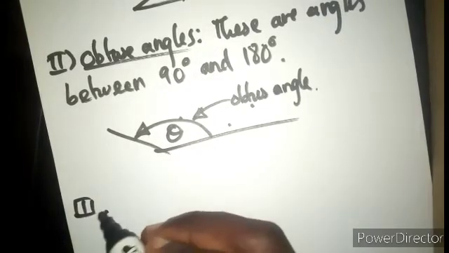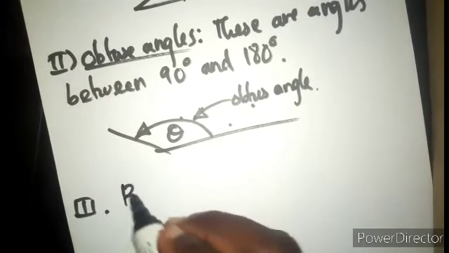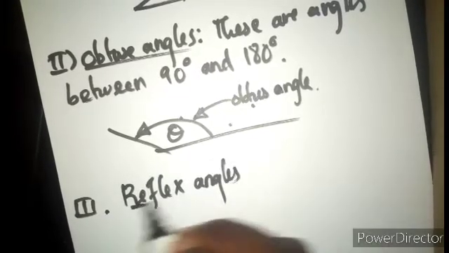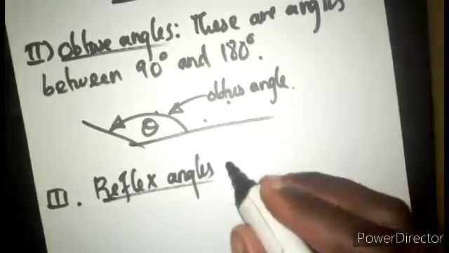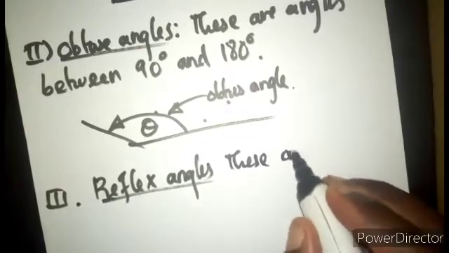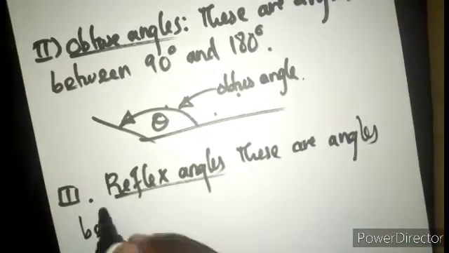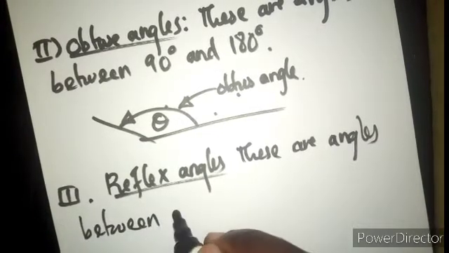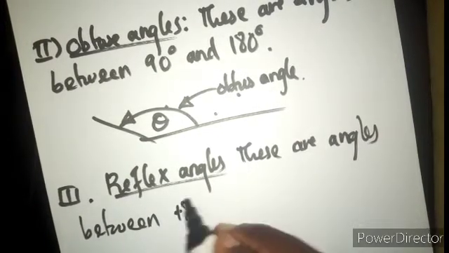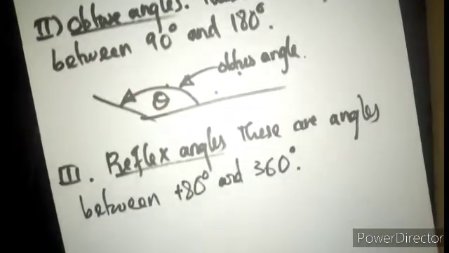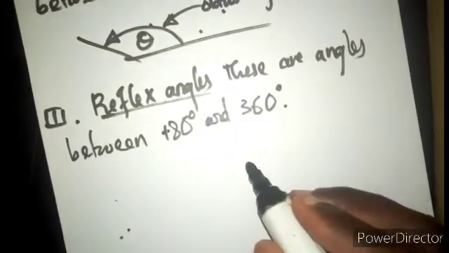The third type of angle we'll look at is the reflex angle. Reflex angles are angles between 180 degrees and 360 degrees. They have two forms.